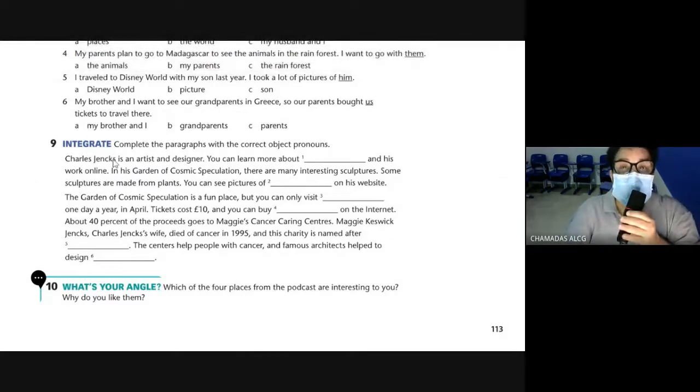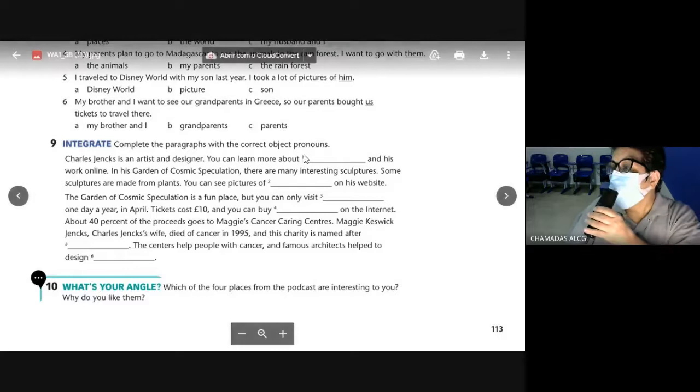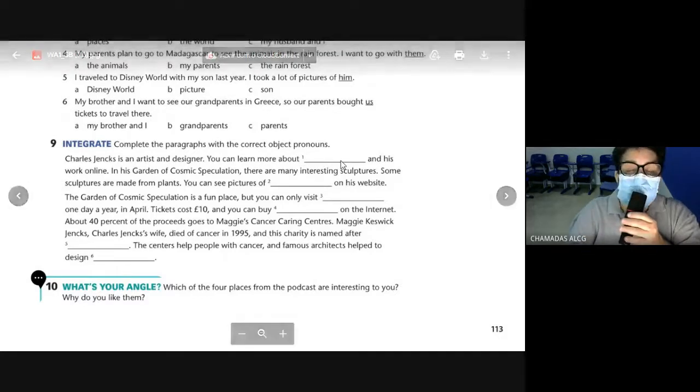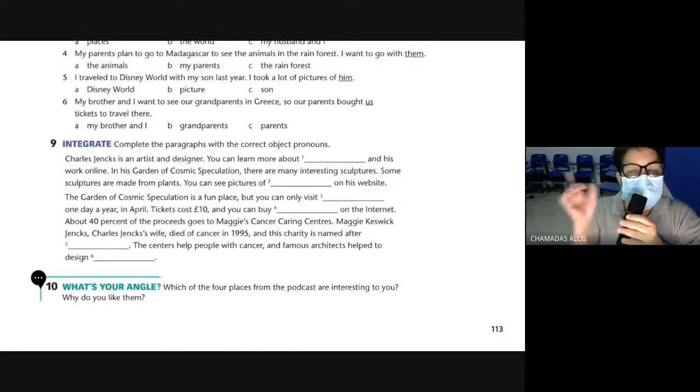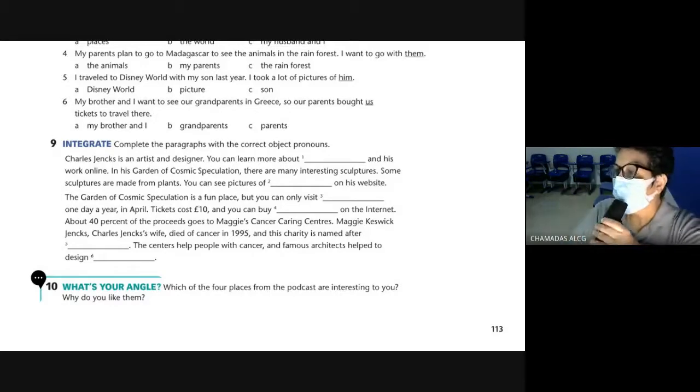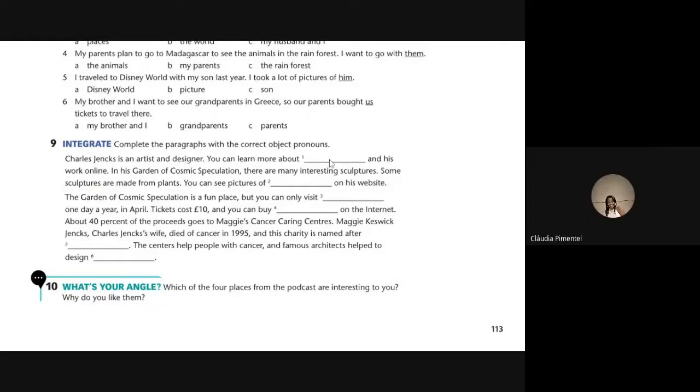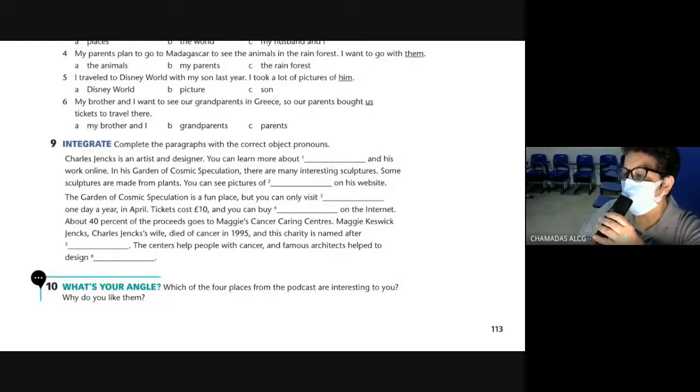So it's a man. What is the object pronoun that I need to put there? Him or her? Him. Him, of course, okay? So you can learn more about him, okay?